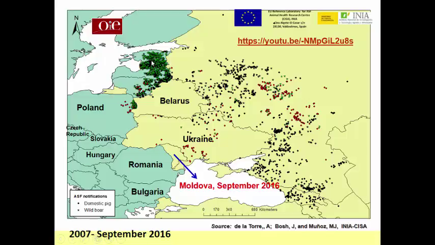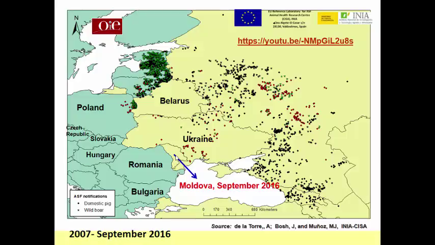As you can see, all these green dots mean wild boar infection, and in Poland, at the beginning in 2014, African swine fever was mainly related to wild boar, and is now advancing to domestic pigs. And certainly last year, in September 2016, there was an outbreak in Moldova.